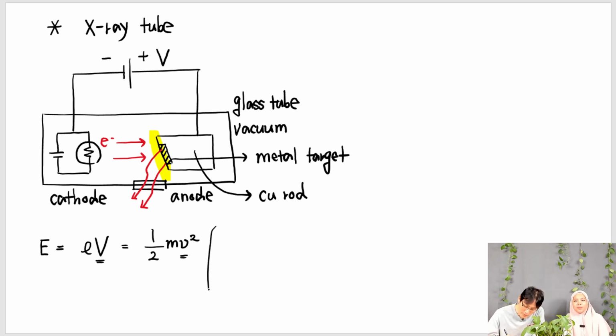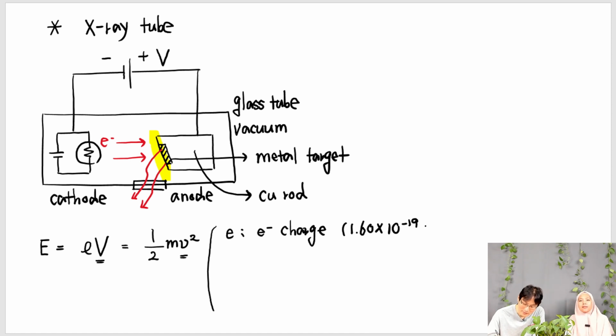So let me summarize. E will be the electron charge. Can you remember the value? It's about 1.60 times 10 to the minus 19 C, where C is coulomb.